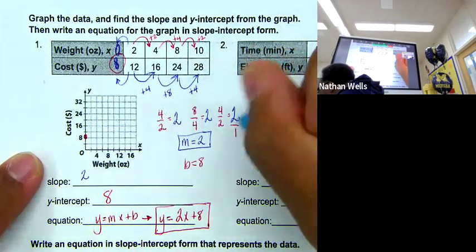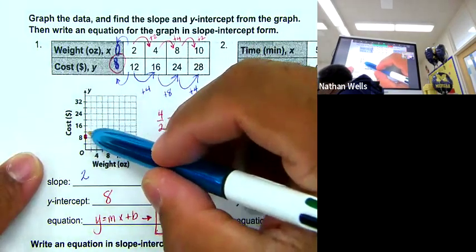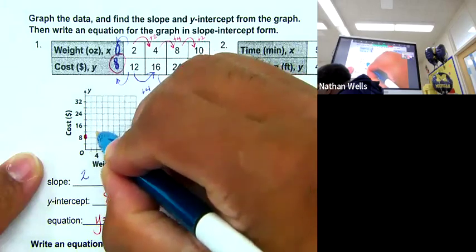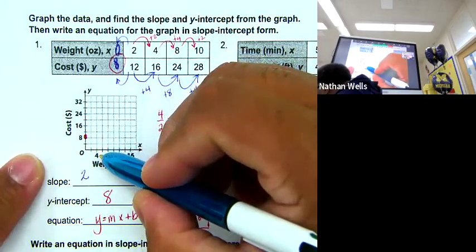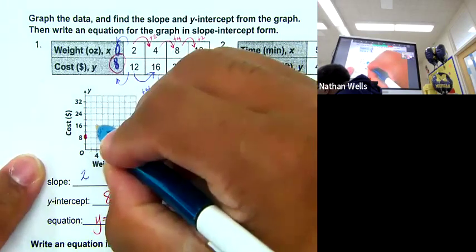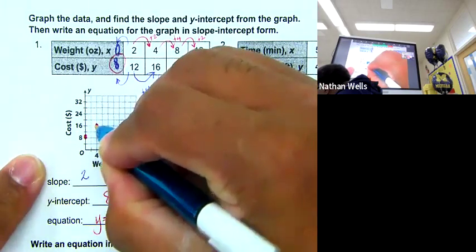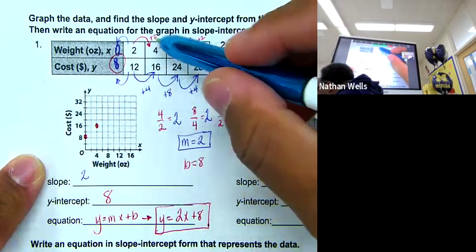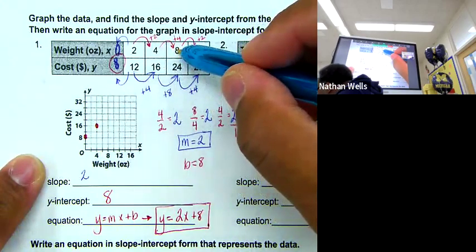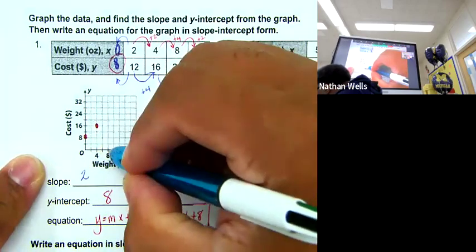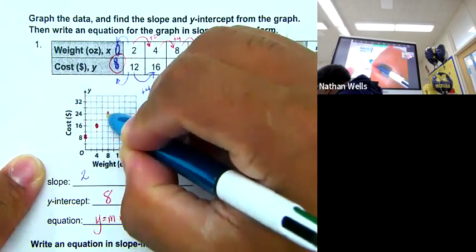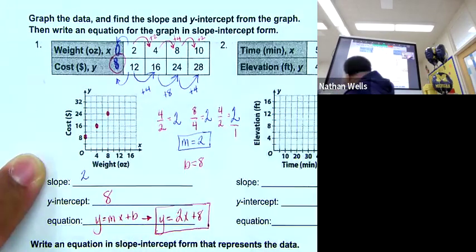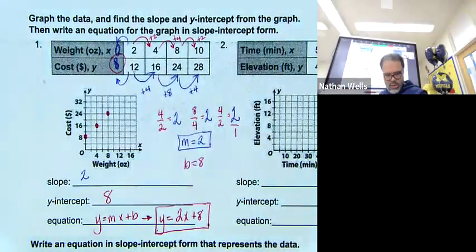So that means go up 4 and run 2. So 4, 16. 8, 24. And you connect those points.